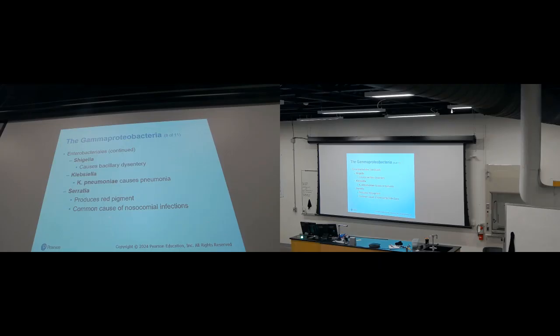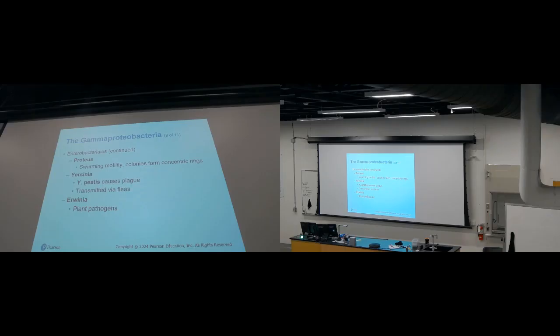Serratia, we have Serratia marcescens that produces a red pigment, and it is a common cause of nosocomial infection. Proteus, we have a species, Proteus vulgaris, that causes these UTIs, the number one cause.